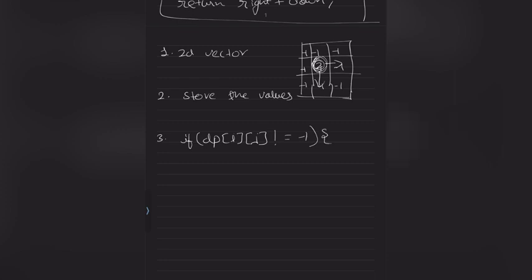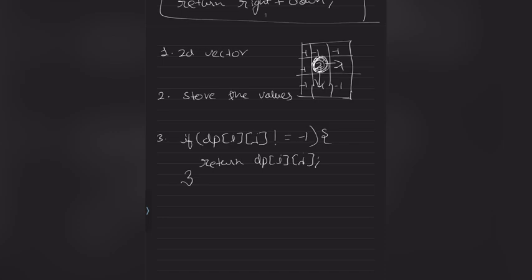So if we have already traveled from this particular cell, then why are we repeating the process again and again? Just simply return that pre-stored value, dp of i and j. So that's it, this is the process.